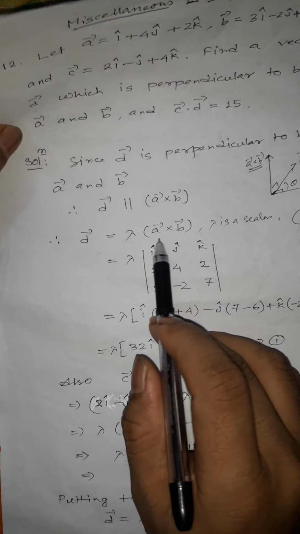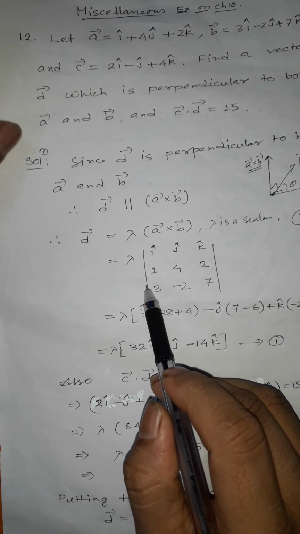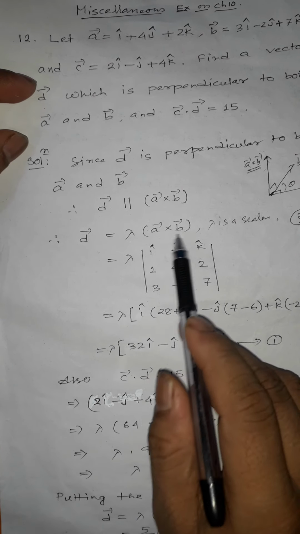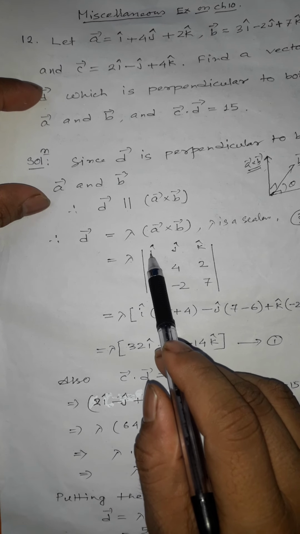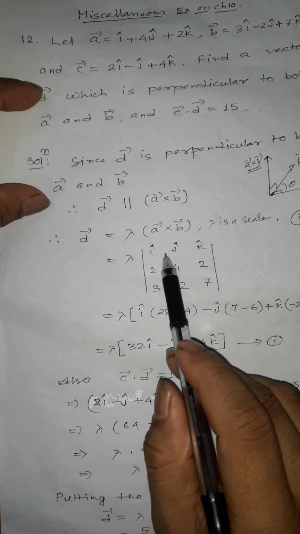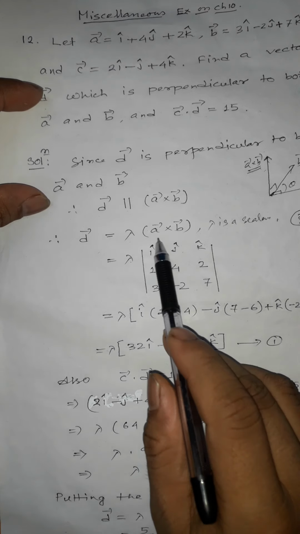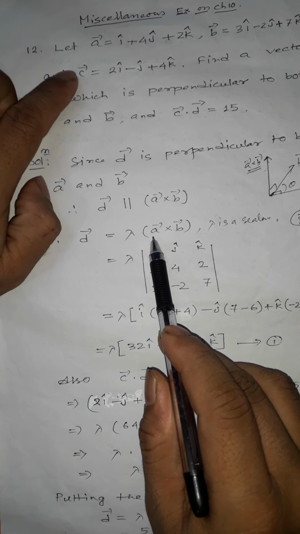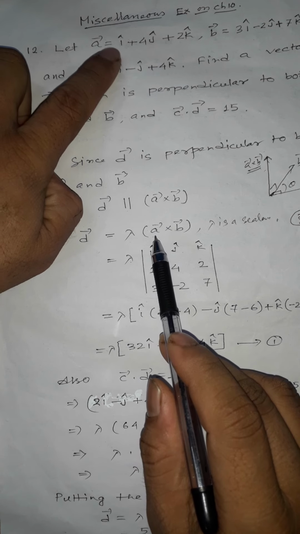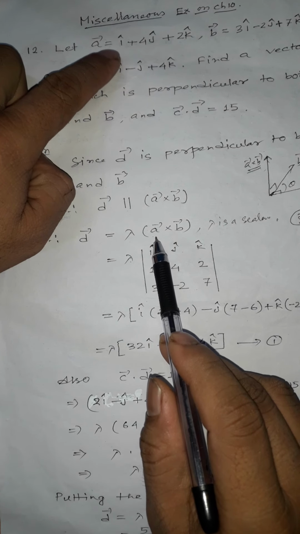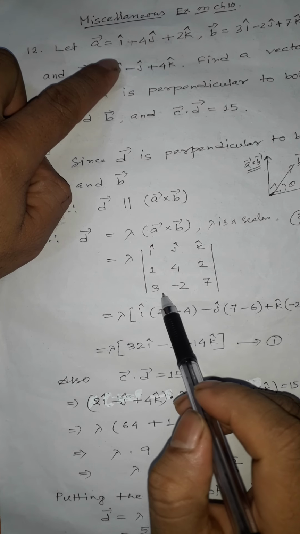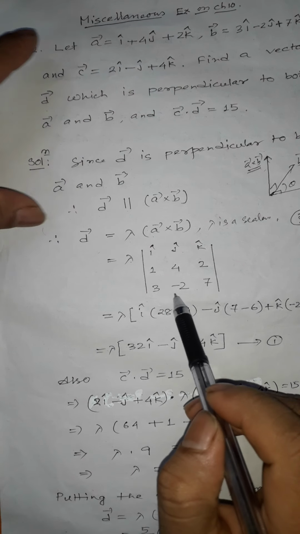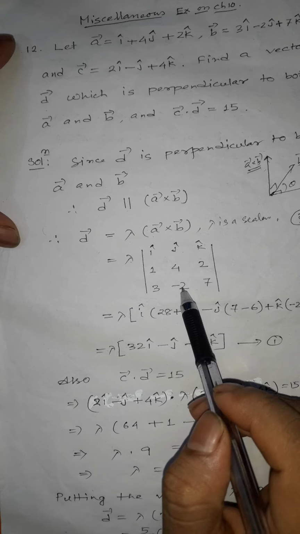Now, in place of A cross B, you write down the determinant to get A cross B. Lambda into ijk, the first row of the determinant will be ijk. First vector is A, so the scalar components of the vector A will be the second row, and scalar components of the vector B will be the third row.